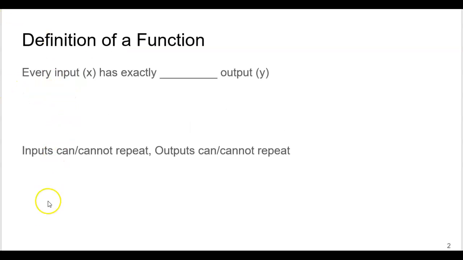So first let's start with the definition of a function. The definition of a function is when every input has exactly one output. This means we cannot repeat inputs, but we can repeat outputs.